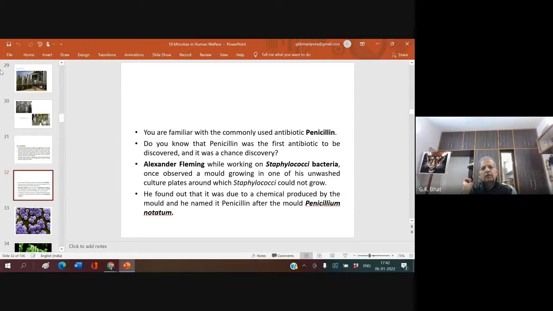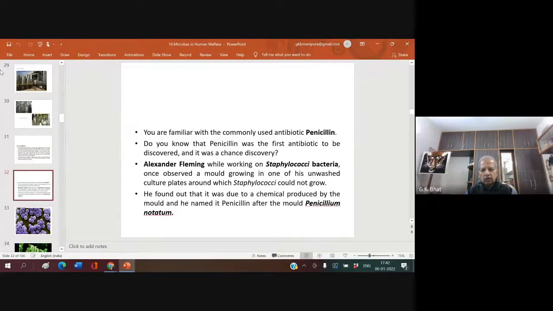He found that it was due to a chemical produced by the mold. This chemical produced by the mold kept this bacteria away, and he named it penicillin after the mold Penicillium notatum.